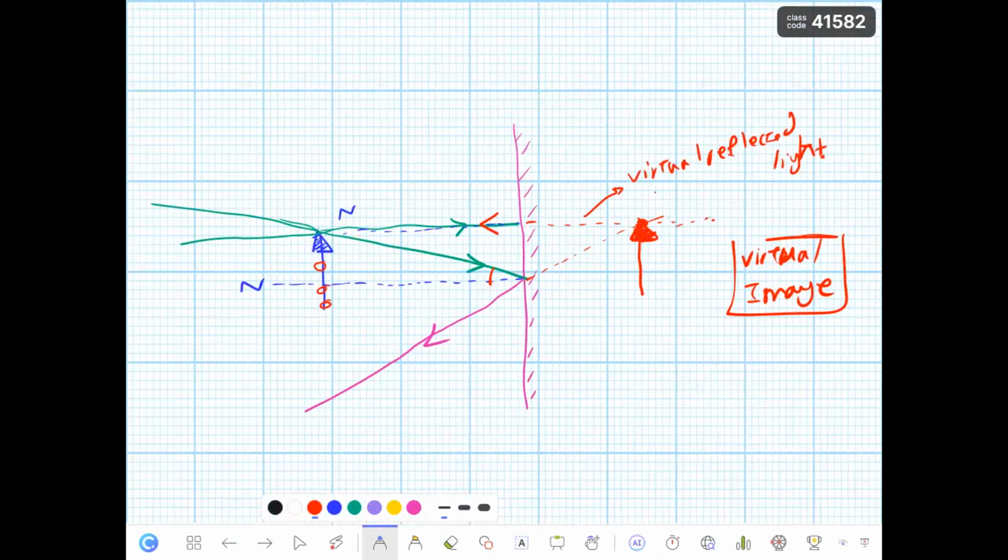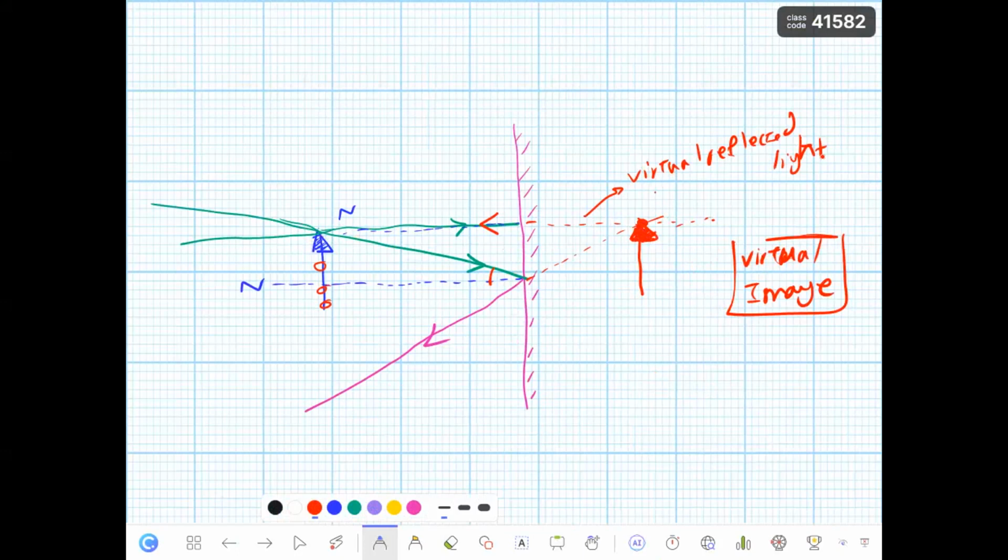So any image which is created behind the mirror is going to be a virtual image. That's why we can see it. But there will be some images that will be created in front of the mirror. We will talk about those. Just letting you know that when you stand in front of a plane mirror, let's say your height is 1 meter.